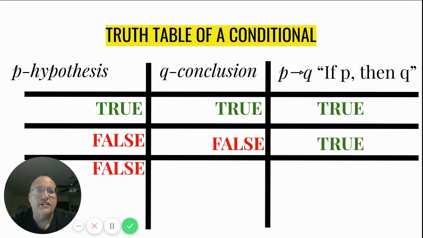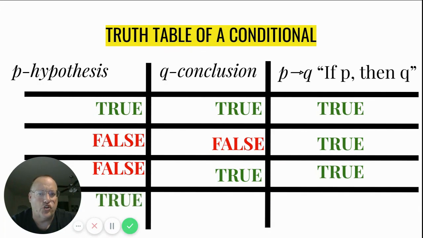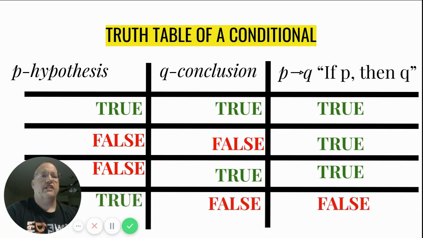If the hypothesis is false, but the conclusion is true, the entire conditional is true. And the only instance that is false is if the hypothesis is true and the conclusion is false, then the entire conditional would be false. And you might ask yourself, well, how does that work? That doesn't make any sense.